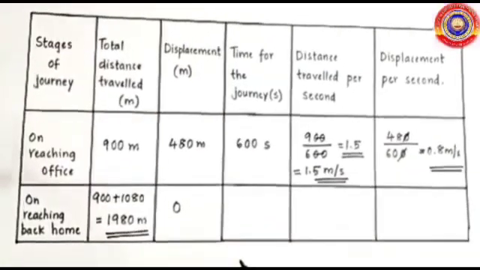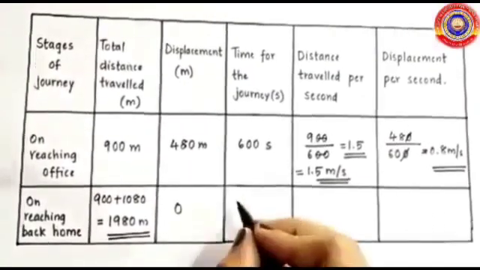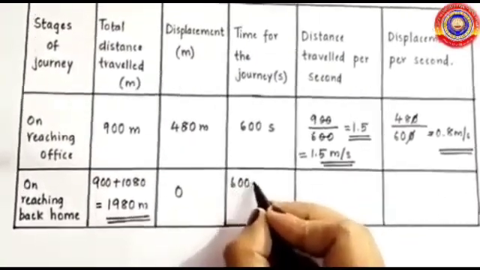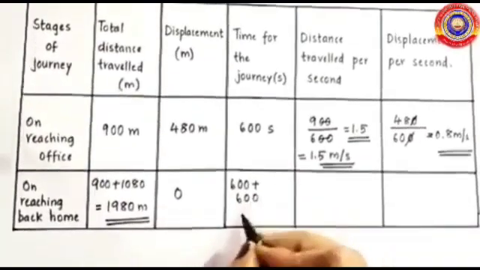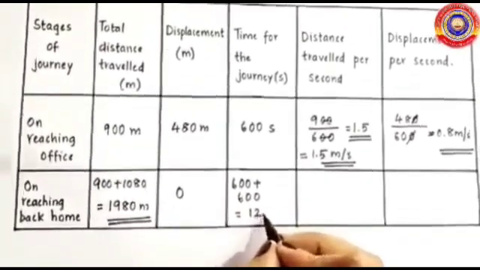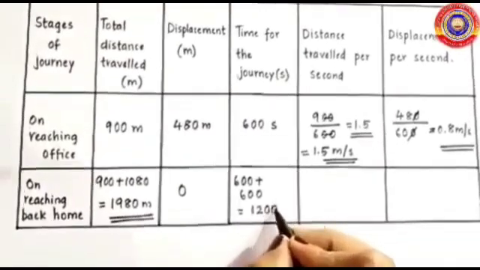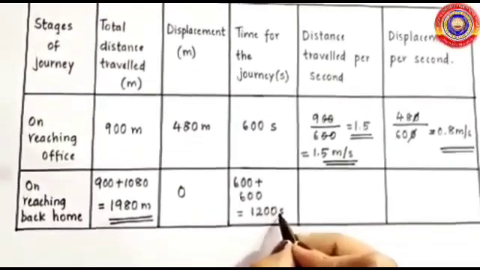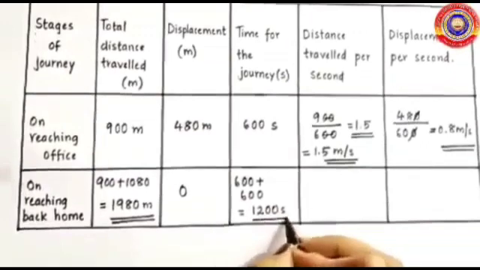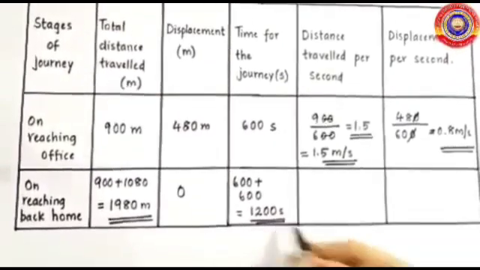The time for the journey is 600 plus 600, that means 600 seconds to reach office and 600 seconds to return home, which is 1200 seconds.